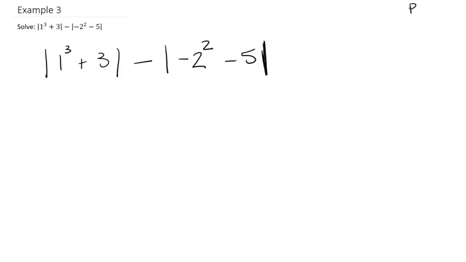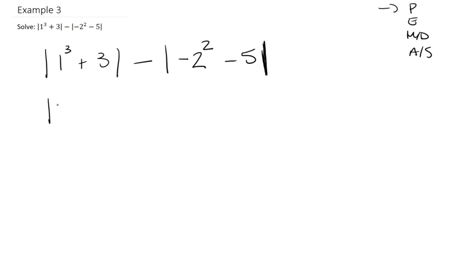So when solving, we need to deal with our parentheses first. We're going to look inside both absolute value signs, as absolute value is on the first step with the parentheses. Within the absolute value sign, we need to deal with order of operations, and we notice we need to deal with the exponent.